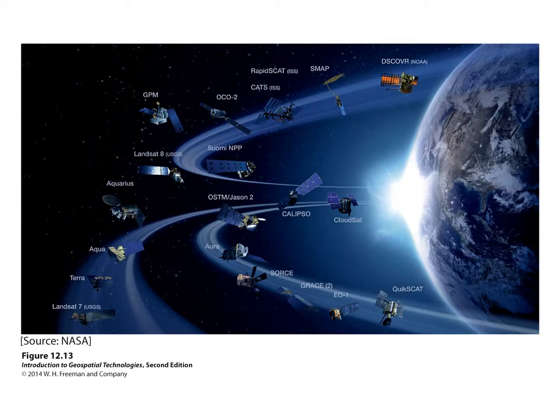If we were to scan out, if you will, and look at it from a larger perspective, this just gives you some idea of how many satellites we have up there monitoring this sort of stuff. And so there is a tremendous volume of data that's out there for scientists to use and to decipher and to understand. And one of the career fields in GIS is remote sensing.